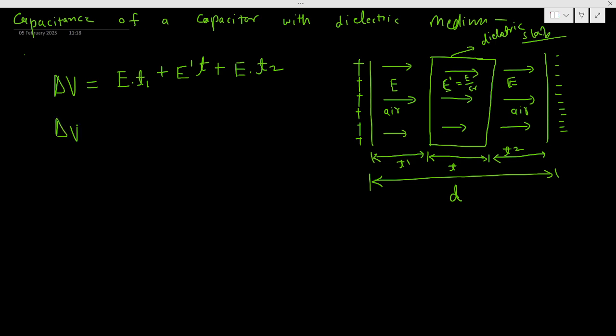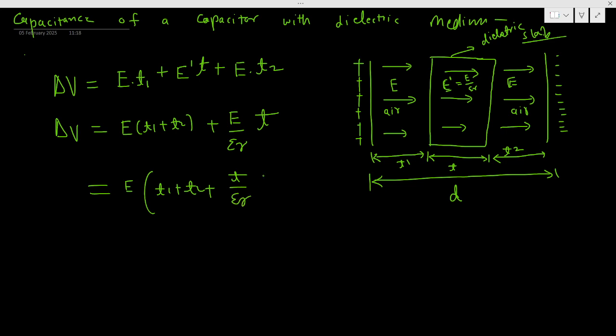So delta V. From the first and third terms, I'm taking E as common. The middle term has E dash, which is E by epsilon r, times t. So we got E common from each term: t1 plus t2, plus t by epsilon r.